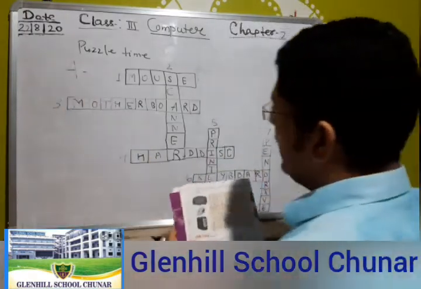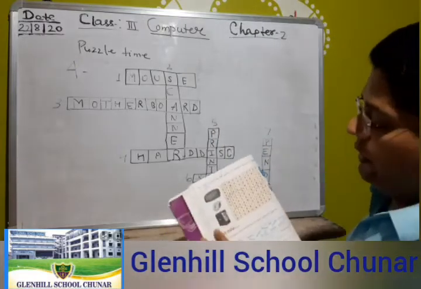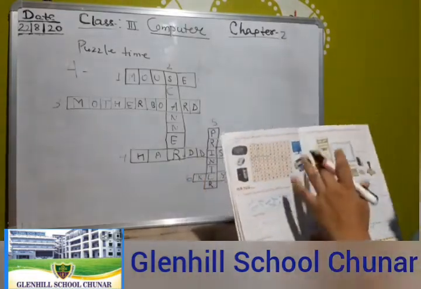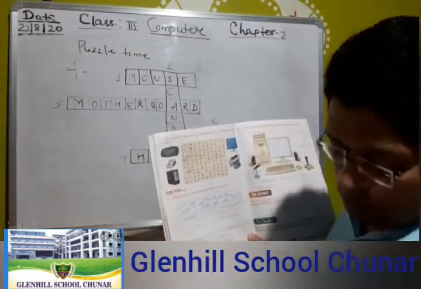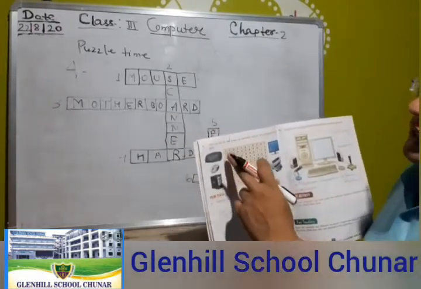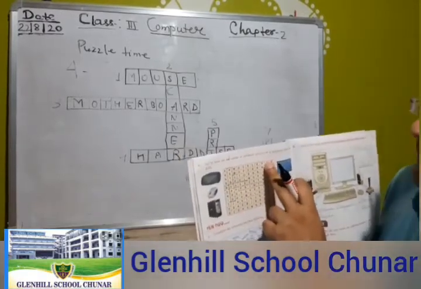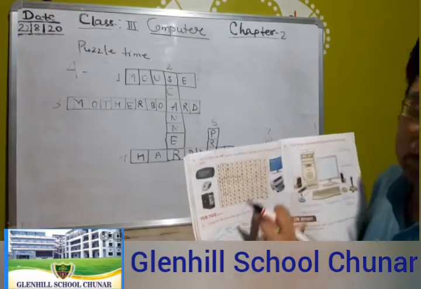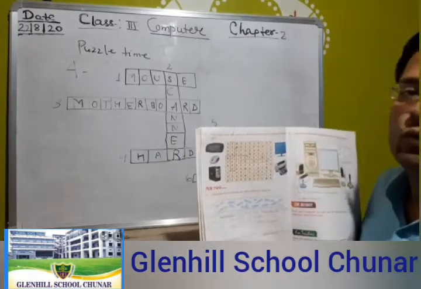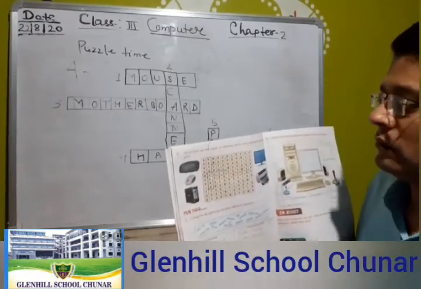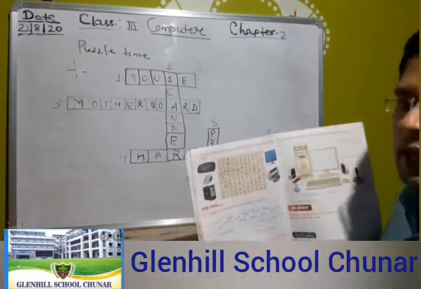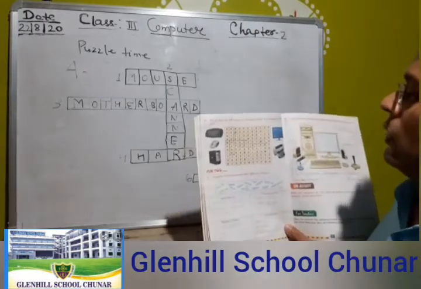Okay, student, and puzzle B. Here are some pictures: monitor, keyboard, mouse, CPU and printer. And try to find out the names of different devices of a computer from the grid. Grid means many columns and rows. Fill in the words. Okay, different columns and rows, and different words. Okay, student.